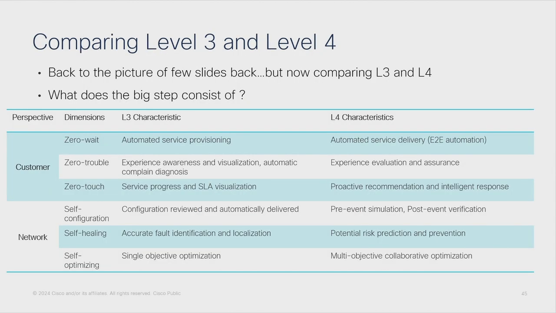Then let's go back now to the very first table that we introduced at the beginning. So now we are comparing the characteristics of level 3 and level 4, where we are, where we want to be in the near future. So you see, we are moving from automated service provisioning to automated service delivery. What does it mean?